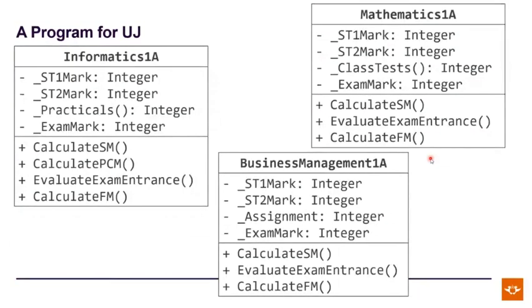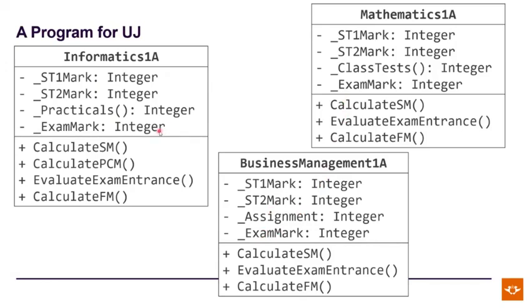If we look at these all together, what are the common properties or common attributes? Let's start with attributes. What are the common attributes? Semester mark and exam: semester test 1, semester test 2, and we have exam.